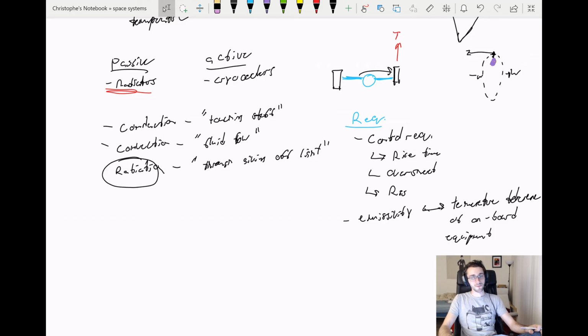So for most thermal systems, you just want to maintain temperature within a certain tolerance, because all the electronics on board will be generating their own heat through electrical resistance. As you pass a current through, there's minor electrical resistance that generates some heat, which you want to whisk away.